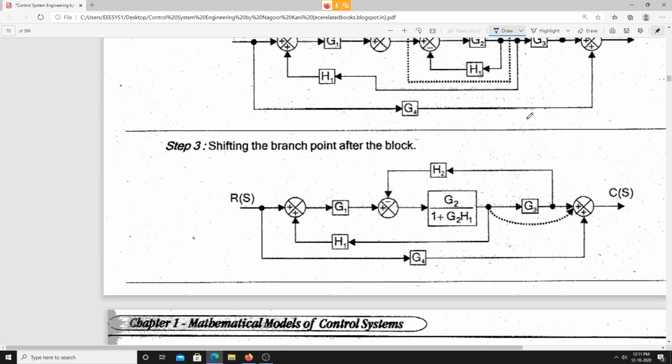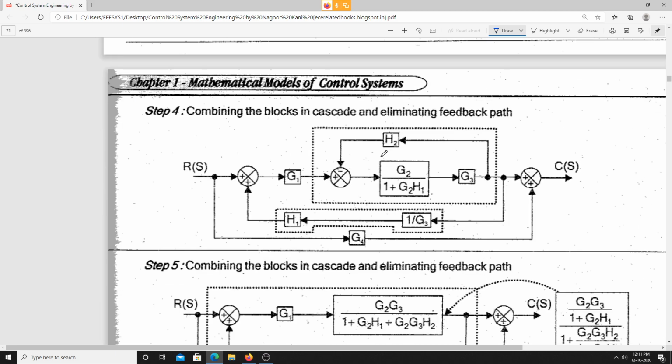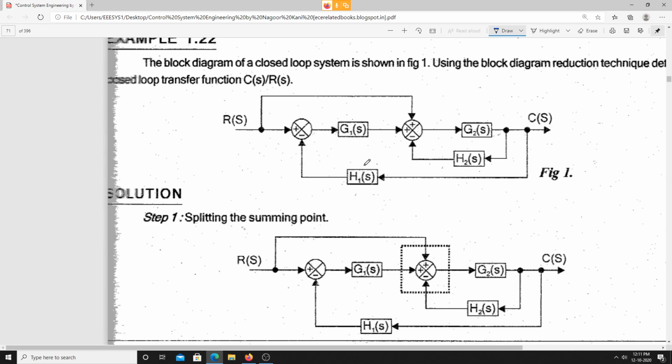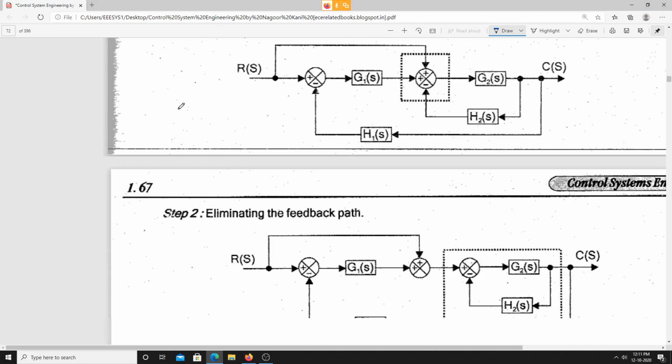By reducing the block diagram, we can find the overall transfer function of a system. More example problems are there in this book, which you can refer to, and you can also refer to other books like Anand Kumar and Nagrath Kothari, which also have many example problems.